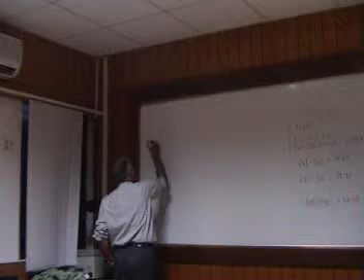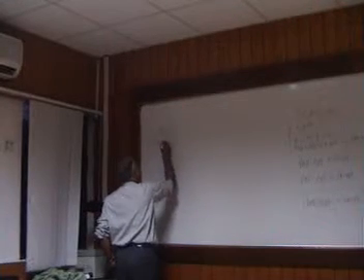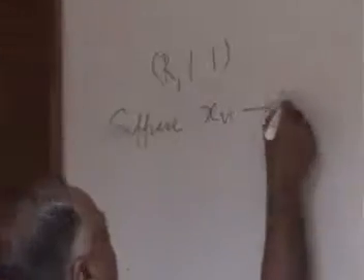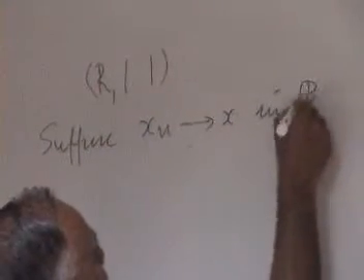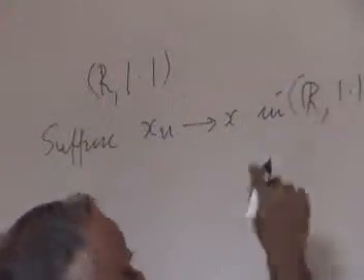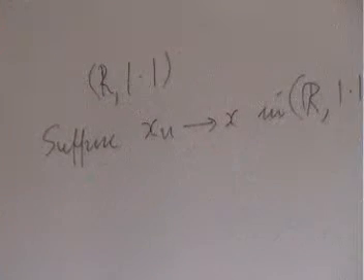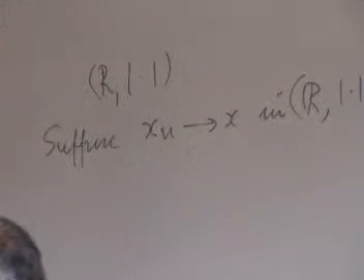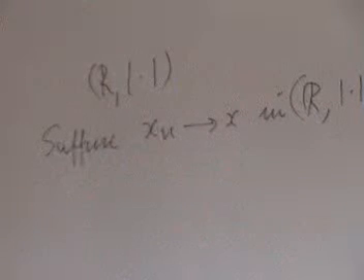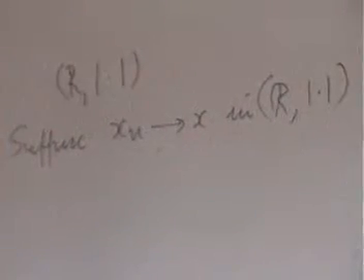So let us say, suppose xn converges to x in R. What does that mean? The xn's are real numbers, x is a real number, and xn converges to x with that definition. The difference can be made as small as you please beyond a certain stage, and that's it.